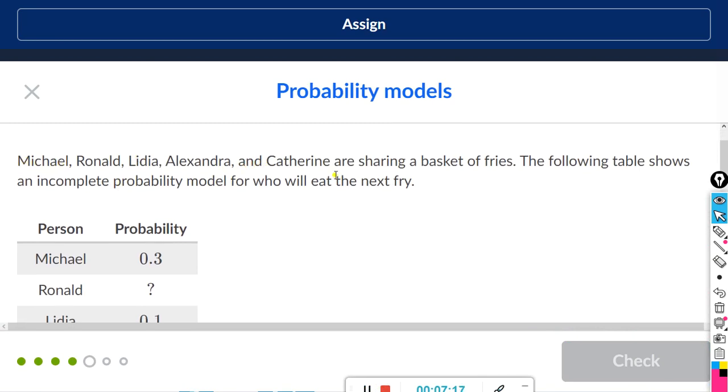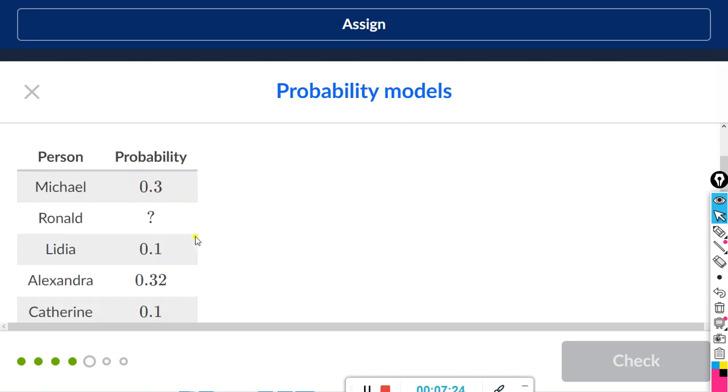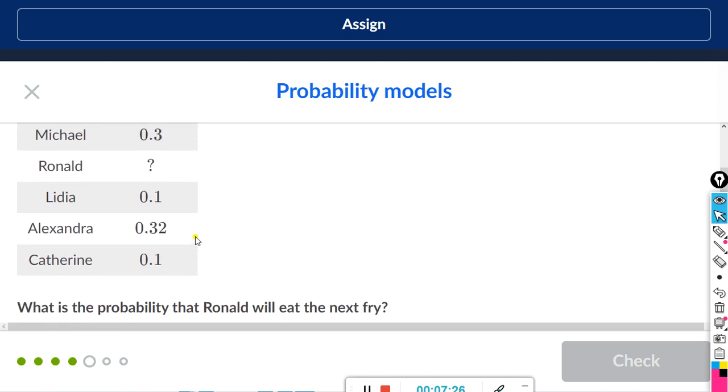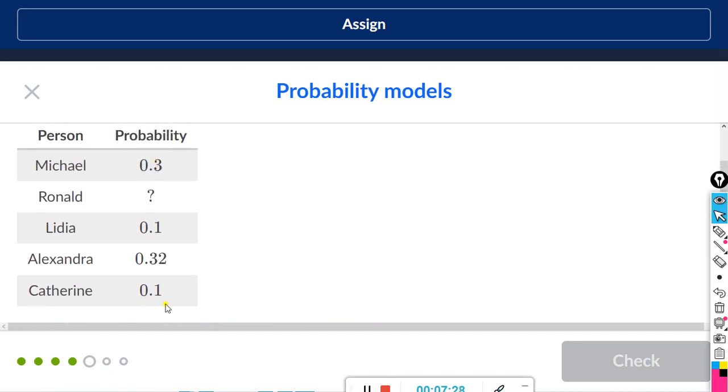These people are sharing a basket of fries. The following table shows an incomplete probability model of who will eat the next fry. I did one like this already, but it was fractions. So just make sure that the sum of these equals 1, because that represents 100%. Somebody has to eat the fry.